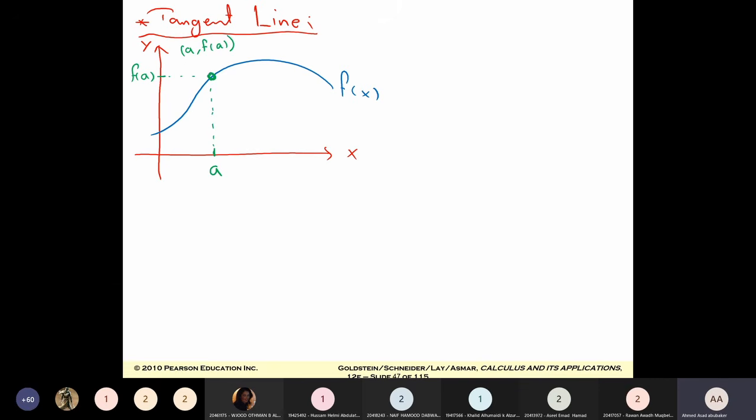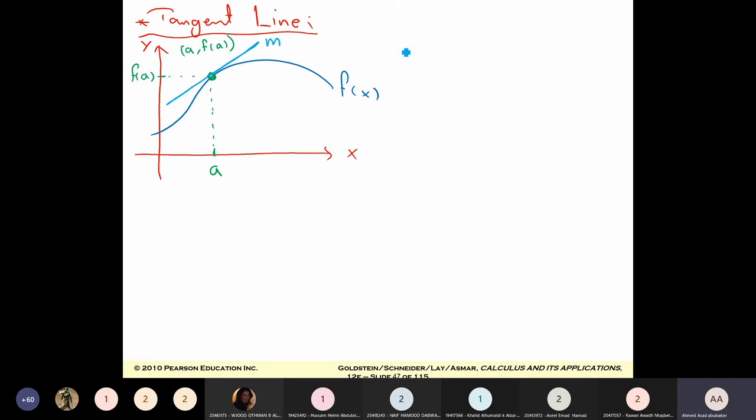For example, like this. This is the tangent line. It intersects with f of x at the point A and f of a. Okay. This tangent line has a slope m. If we need to find the slope of the tangent line or the slope of f of x at x equal a, this is the same.